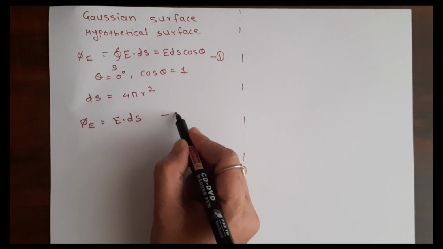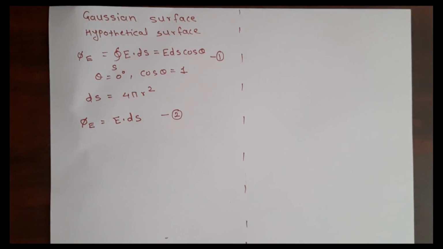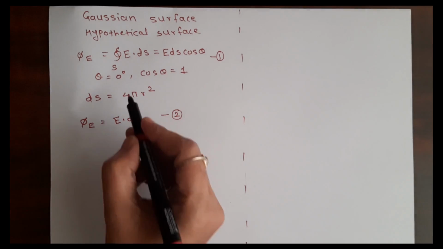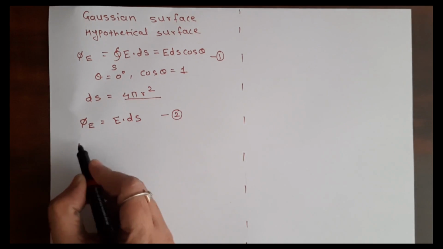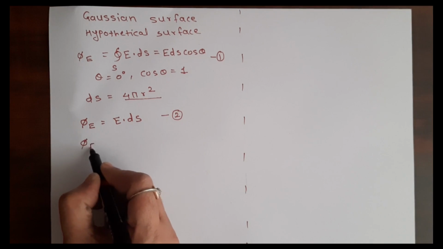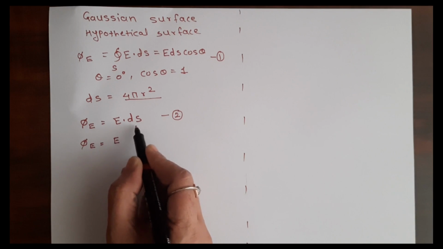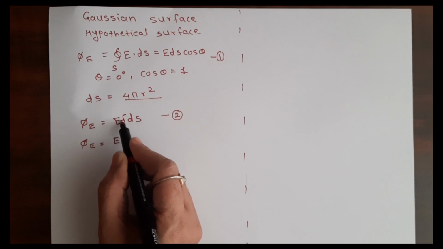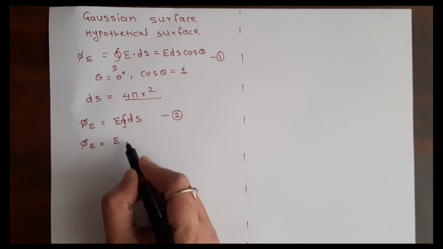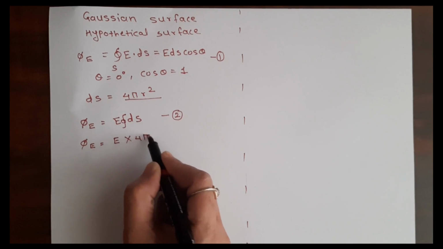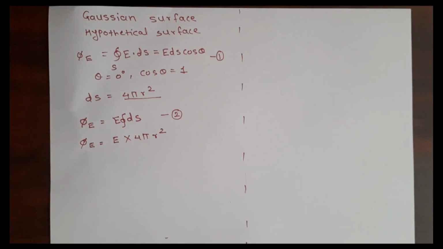So we call it equation 2. Now put this value of surface area into the equation. We get electric flux is equal to E into surface integral of ds, that is 4 pi r square.